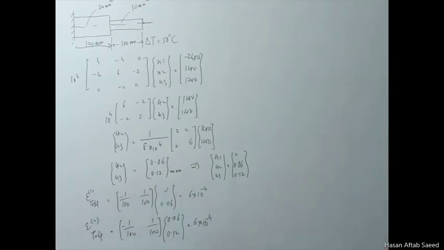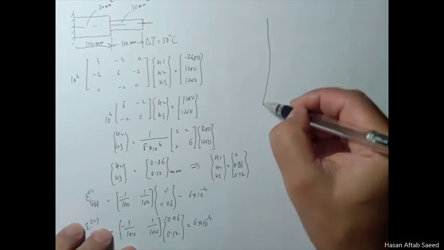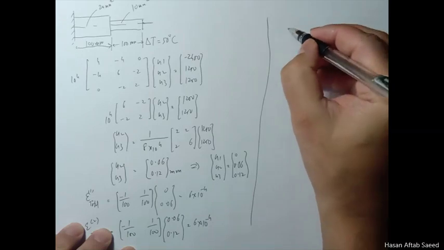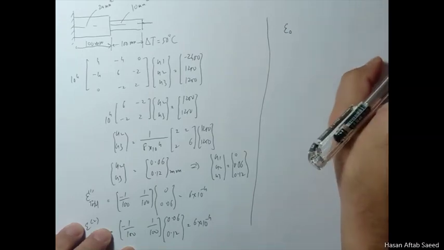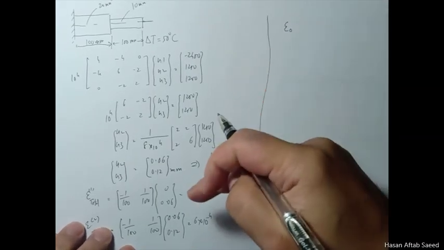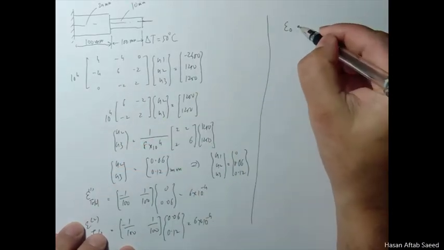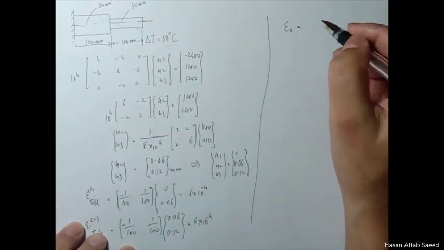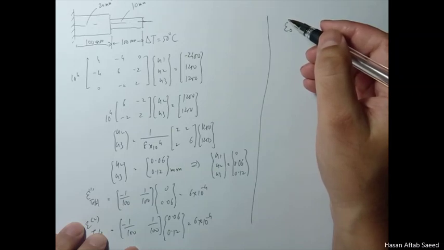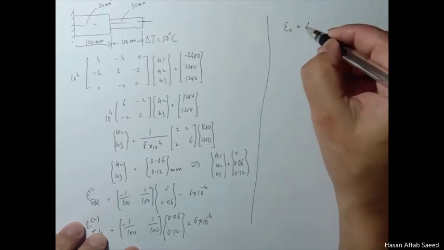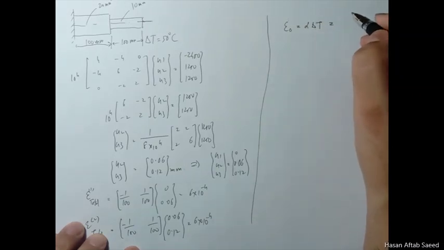Now, before going to the stresses, obviously we need to find out the thermal part of it. We have to subtract the thermal strains from these total strains. And if you recall from the last example, and there's no reason things should change here, the alpha delta T gave you 6 into 10 raised to the minus 4.